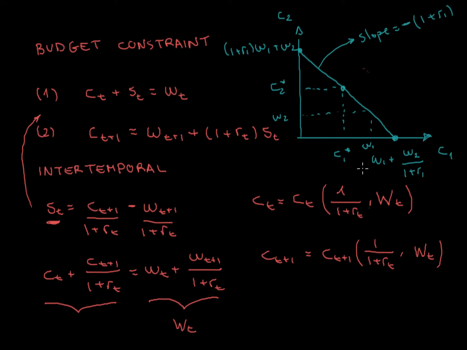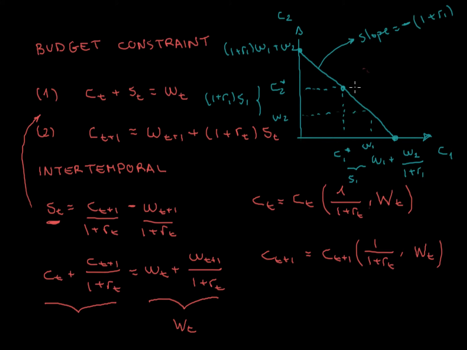The difference between wealth 1 and the optimal consumption will be the savings in the first period, and this would be 1 plus the interest rate times the savings in the first period. So this is the kind of analysis that we have.